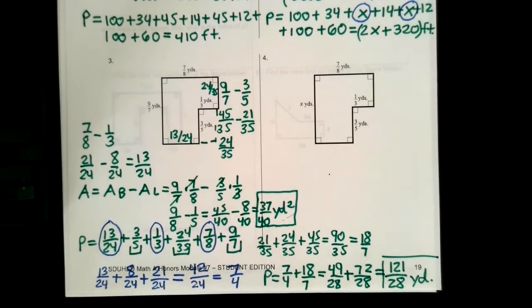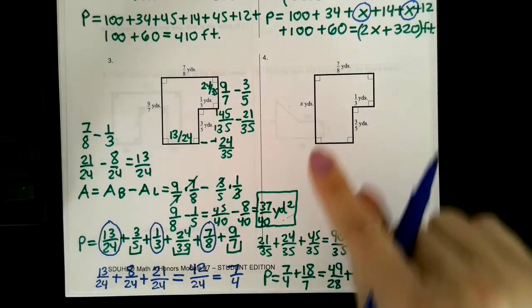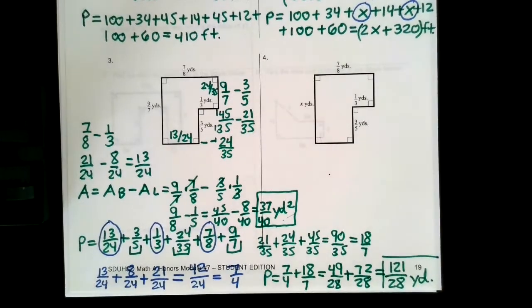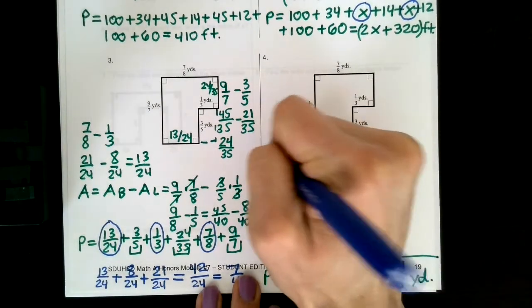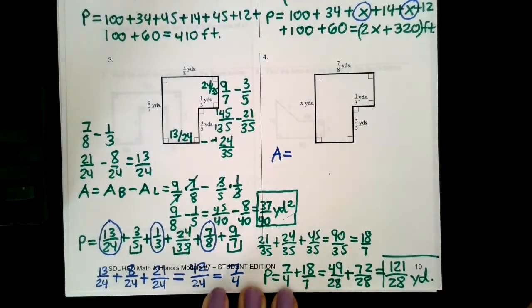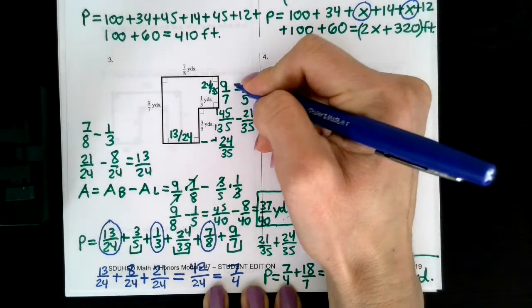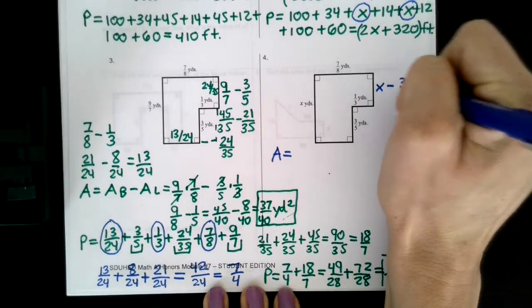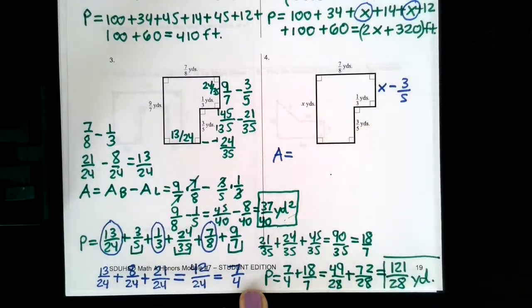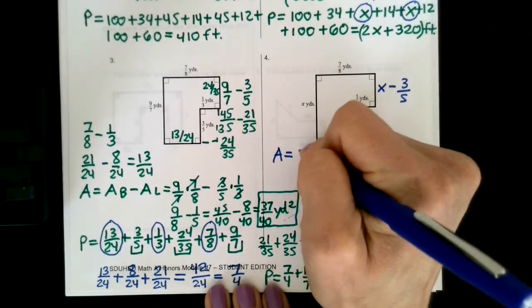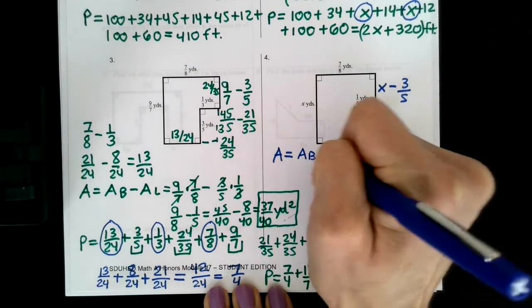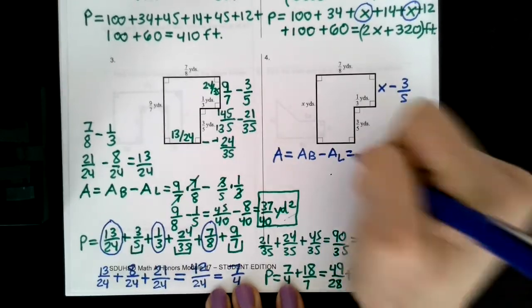All right, let's look at problem number 4. Same problem, except we're given that this length is x. So for the area of this figure, we're going to use the fact that this is x instead of 9/7 and subtract 3/5 from here. For the area, we're still going to do the area of the big rectangle minus the area of the little one.